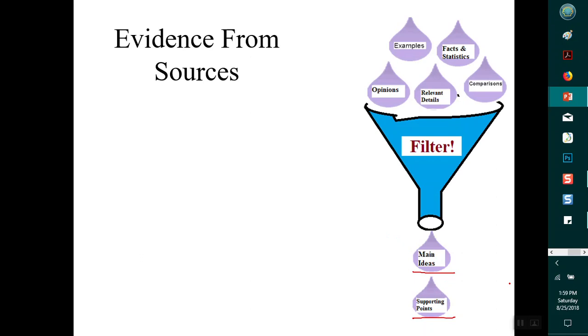Now, if you have a shorter article that you're writing, having just maybe a couple main ideas for your essay might work. If you have a longer essay that you're writing, you might need more supporting points, but you don't want so many details that they're really not relevant to whatever point you're making, right?